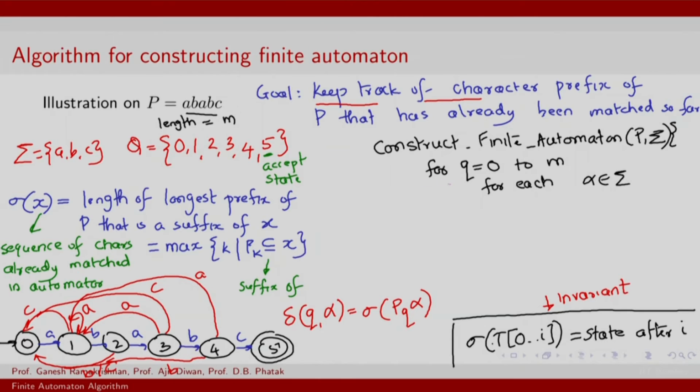So let us make that explicit here. Scan backwards from the string PQ suffixed with an alpha to find the state to go to. And what is the state? It is basically sigma of PQ alpha.